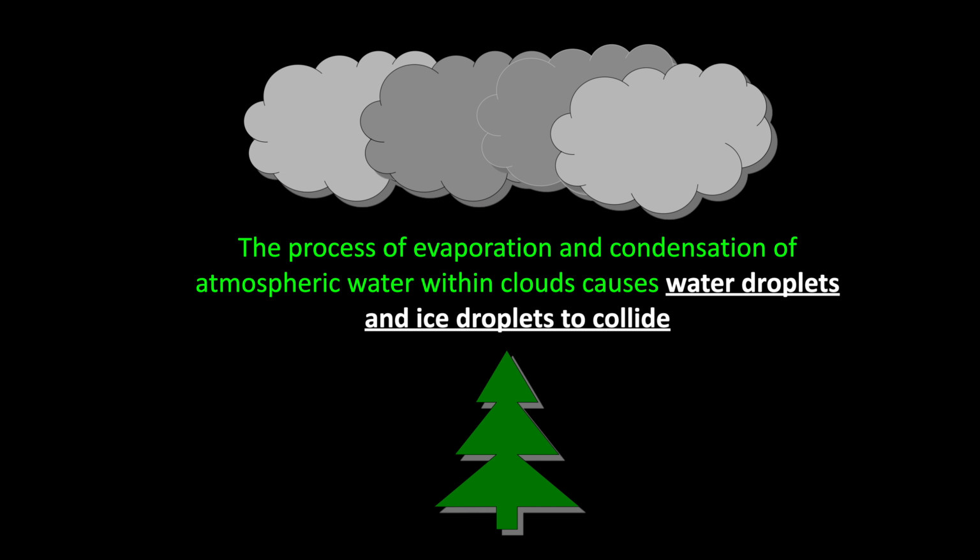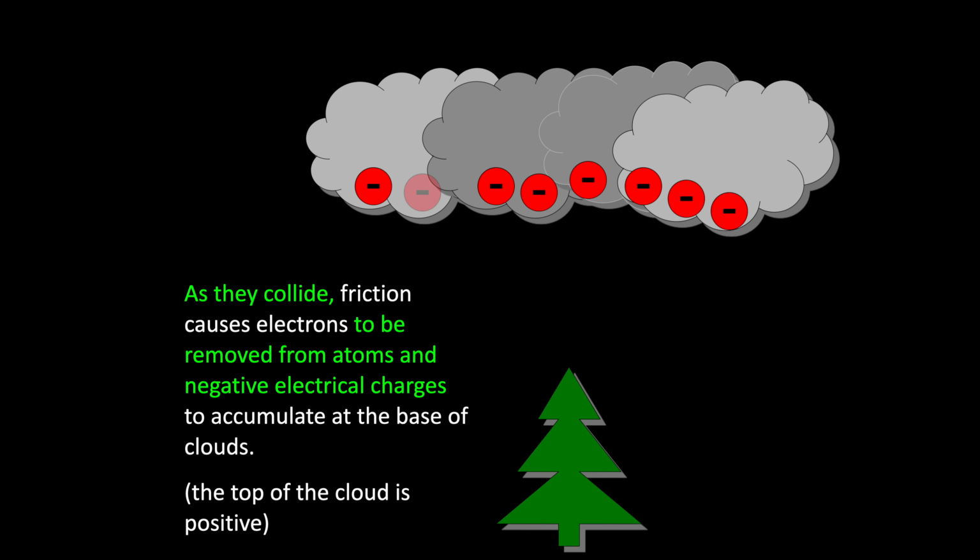And as we saw in the last lesson, this friction causes electrons to be removed from the atoms and a negative charge is induced at the bottom of these clouds. And as we have negative charges here, positive charges begin to form on the land, as positive and negative charges begin to attract each other.